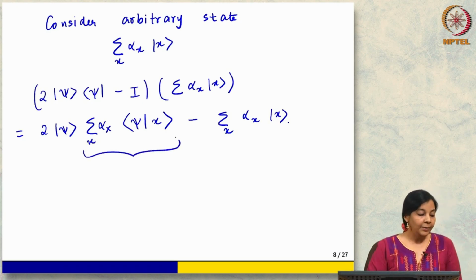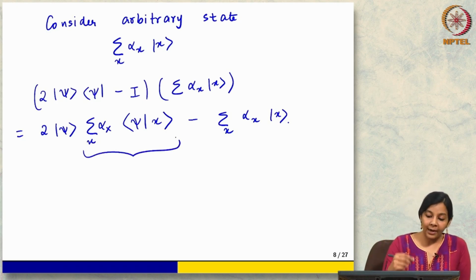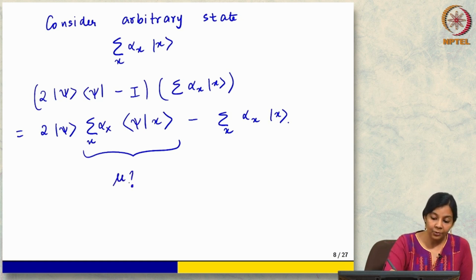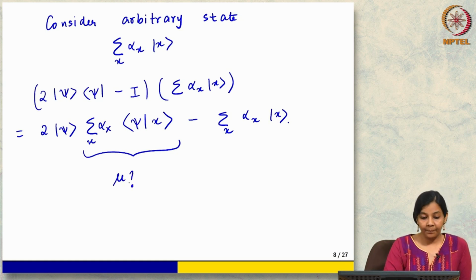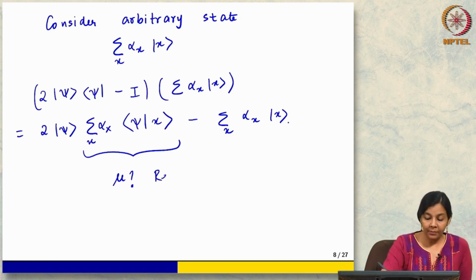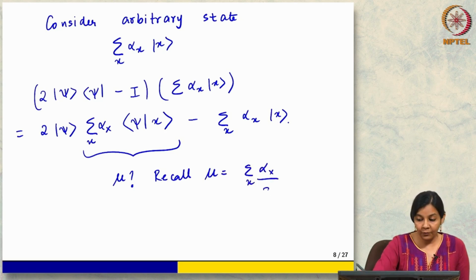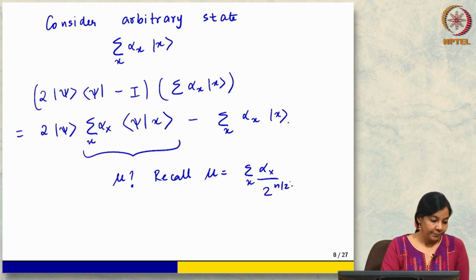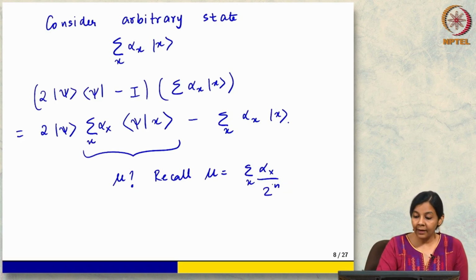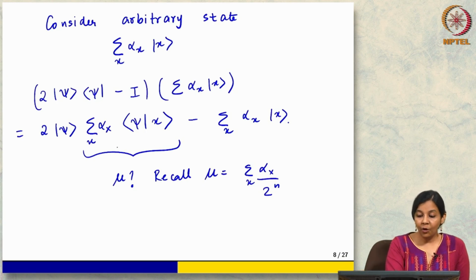Can anyone tell me how does this relate to mu? So, remember what was mu. So, mu was summation over all x alpha x over 2 to the n, in fact, right, that was mu. Now, can you tell me what is this?